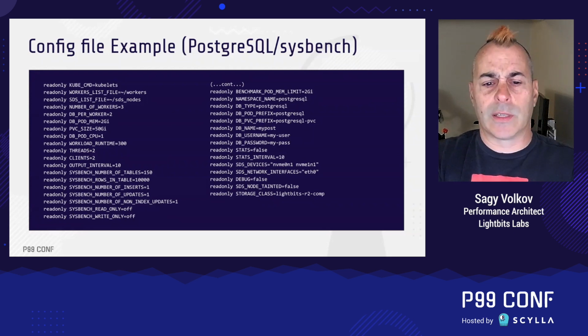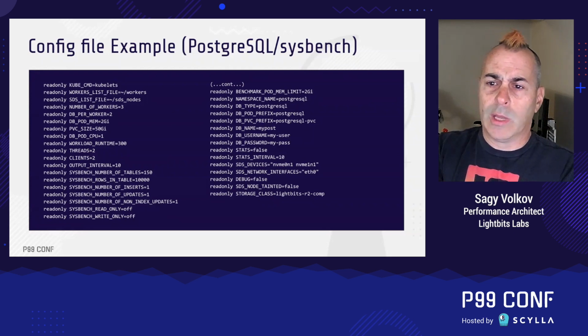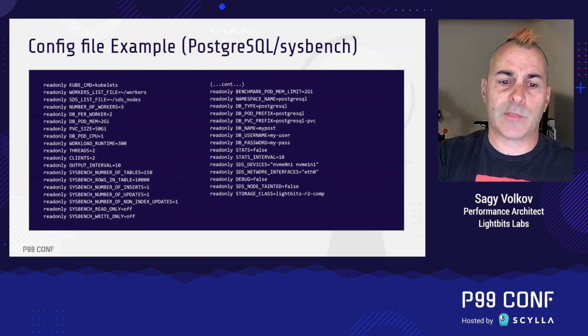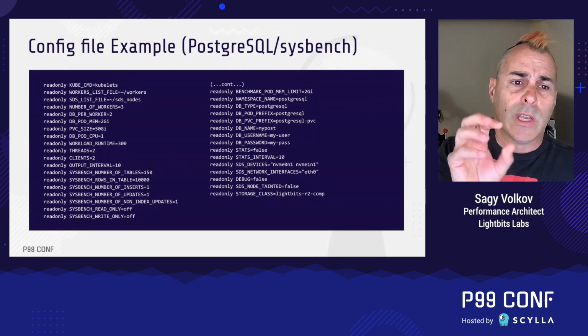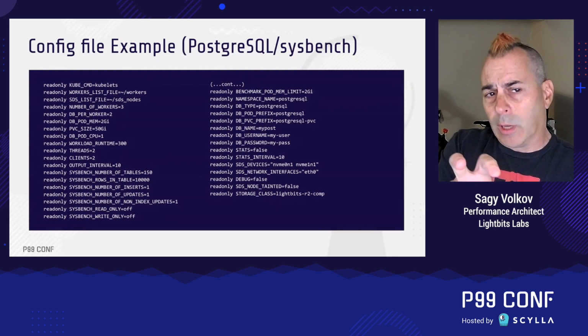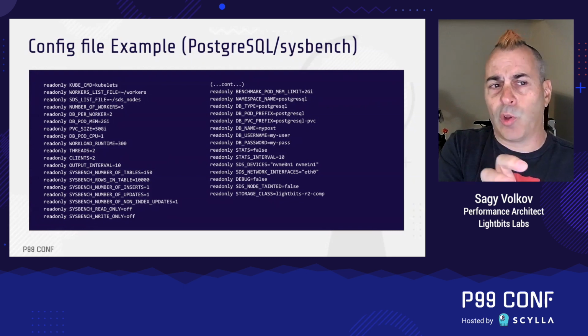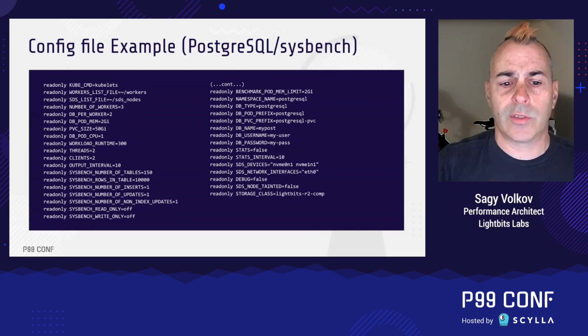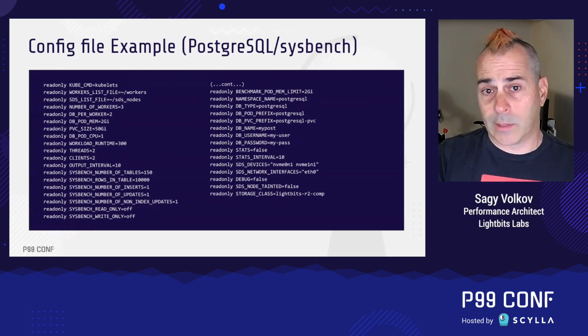The rest of the things here are more specific to the workload, in this case sysbench. With sysbench, we can impact the ratio between the percentage of reads we do from the storage and the percentage of writes we do to the storage.